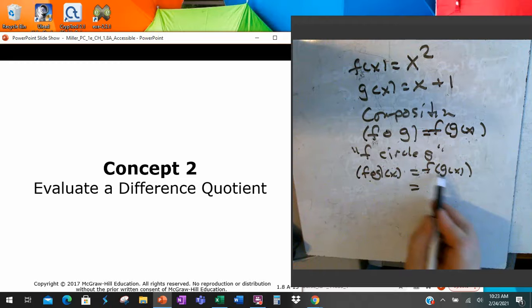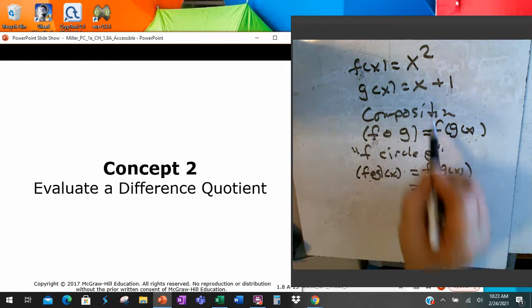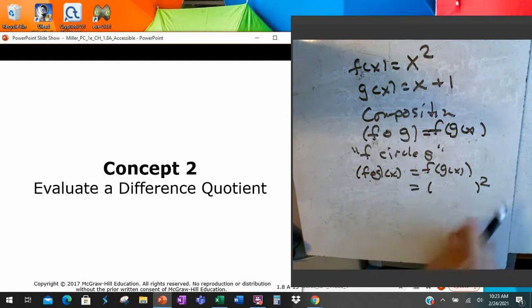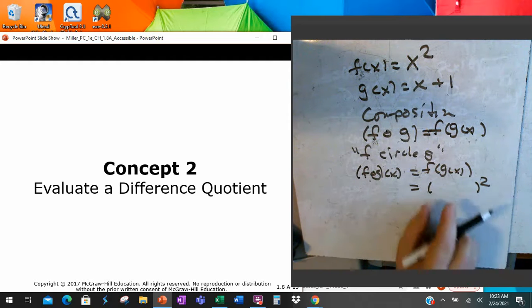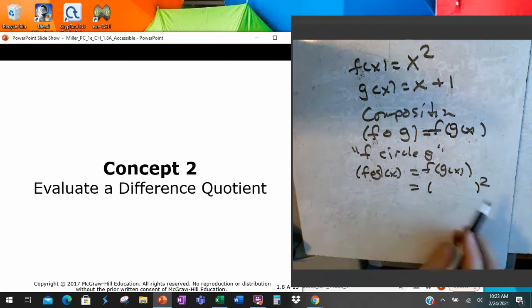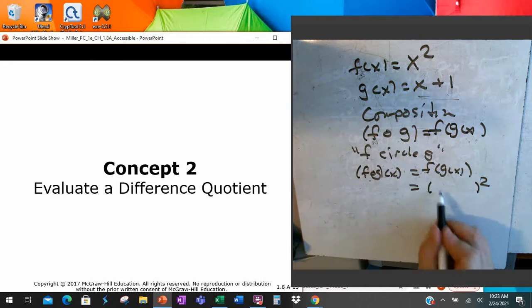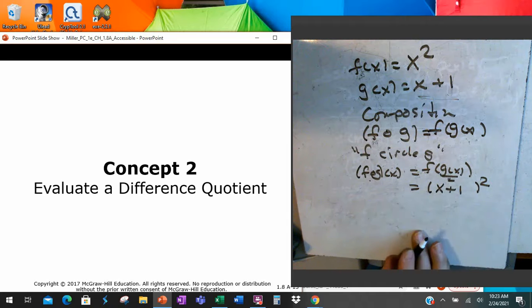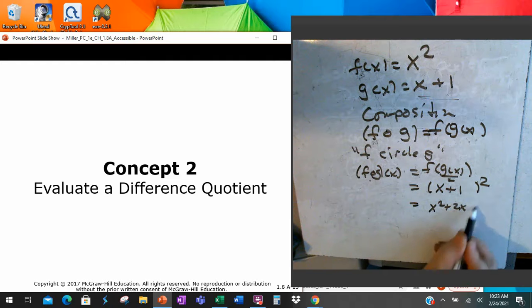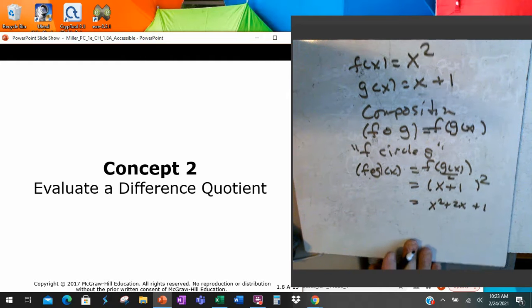What does that look like? I build my f of x, so in this case, that's just that simple x squared. If I had other stuff, I'd just write it down. But now my g of x, I evaluate this thing, is this stuff. So I need to evaluate x plus 1. That's the g of x. x squared plus 2x plus 1. Square the first, double the multiplication, and then square the last.